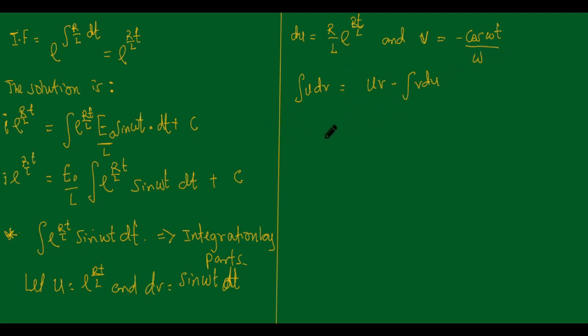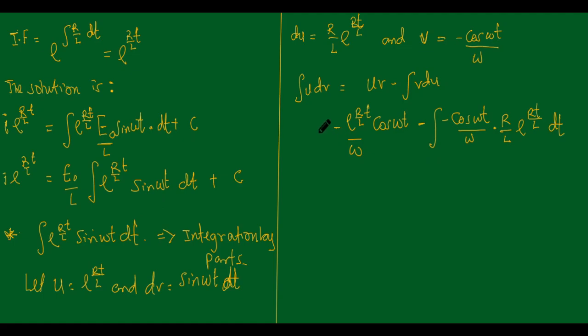So substituting these values, we now have the integral of e raised to power R over L t sine omega t dt equal to uv, which is e raised to power R over L t multiplied by minus cos omega t divided by omega, minus the integral of v du, that's minus cos omega t divided by omega multiplied by R over L e raised to power Rt over L, with respect to t.